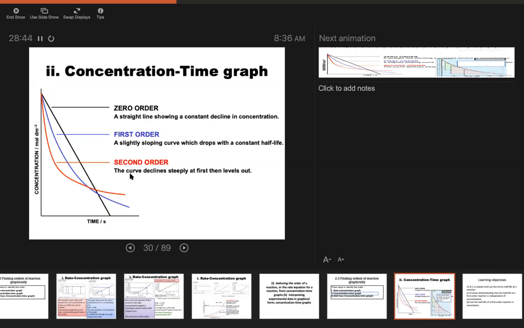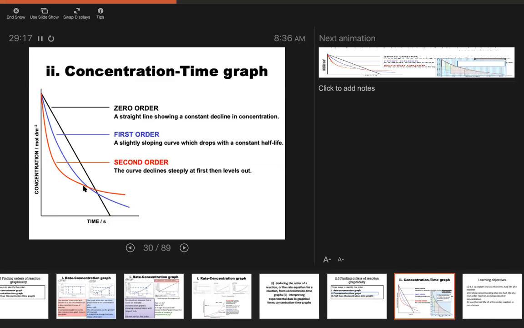The best way to differentiate between first and second order is to calculate the rate. You have to find the gradient when the concentration goes down by half. What happens to the rate? And then as it goes down by half again, what happens to the rate? Same thing for second order. You take one point, calculate the rate, and then you bring it down by half, what happens to the rate?